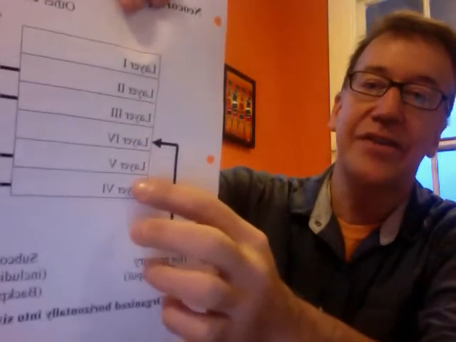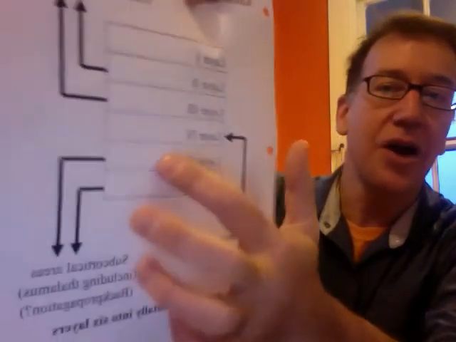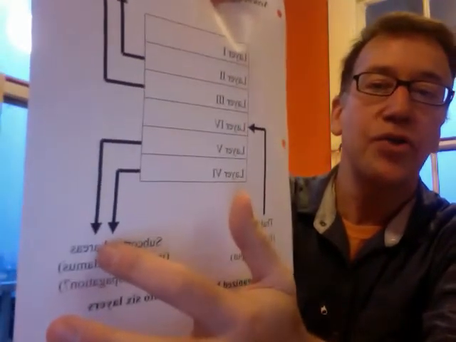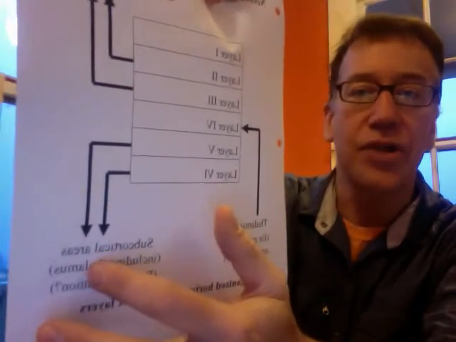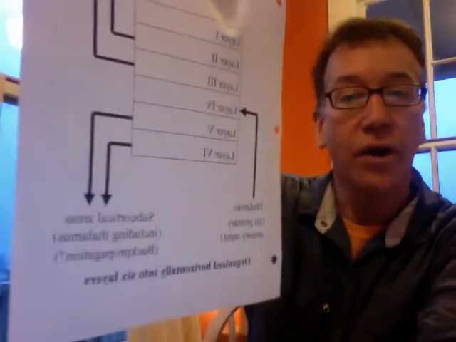Now, layers 5 and 6, the deepest layers, are actually output to non-cortical structures, to subcortical structures. For example, in primary visual cortex, you've got all this visual information coming in from the thalamus, heading into primary visual cortex in the occipital lobe, arriving in layer 4.